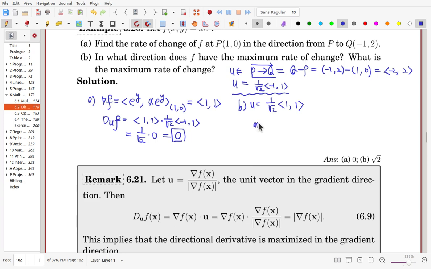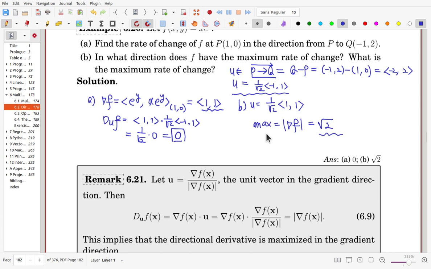That is the length of (1, 1), which is square root of 2. So if you choose u in this direction, there is the maximum.